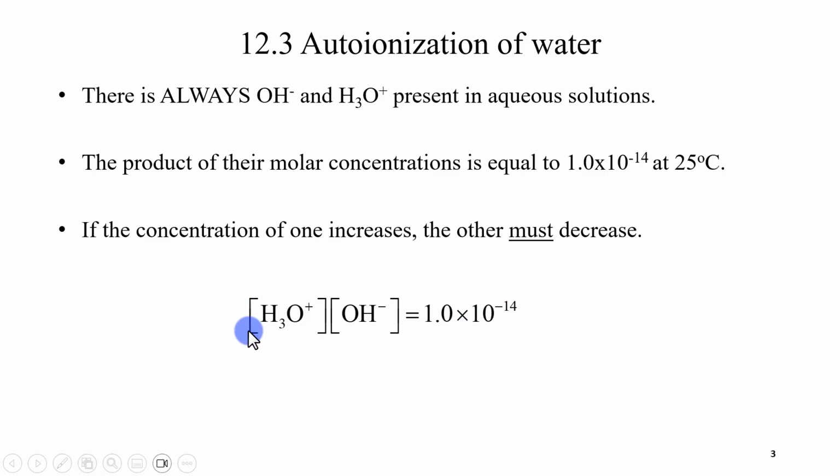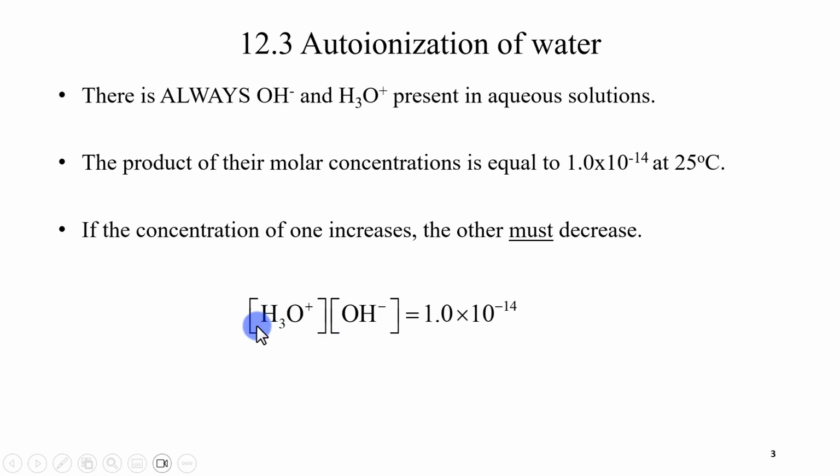Here's mathematically what that looks like. The square brackets in chemistry denote molar concentrations. Remember, molar concentrations are moles per liter. The molar concentration of the hydronium ion multiplied by the molar concentration of the hydroxide ion, OH minus, is always equal to 1 times 10 to the minus 14 at 25 degrees Celsius.